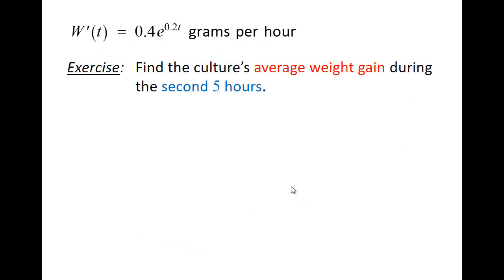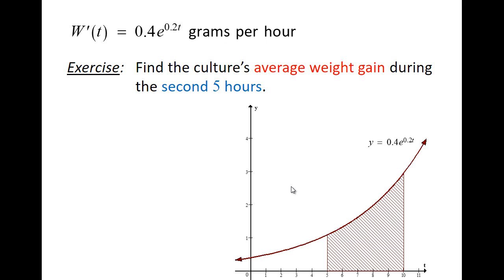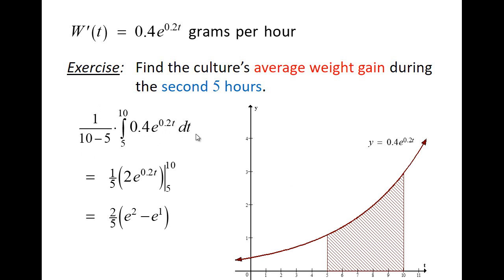Okay, so now let's find the culture's average weight gain during the second 5 hours. Second 5 hours means hour 5 to hour 10. In that case, we get 1 over 10 minus 5 times the integral from 5 to 10 of 0.4 e to the 0.2 t dt. If we calculate that integral, we end up with 1.8683 grams per hour.